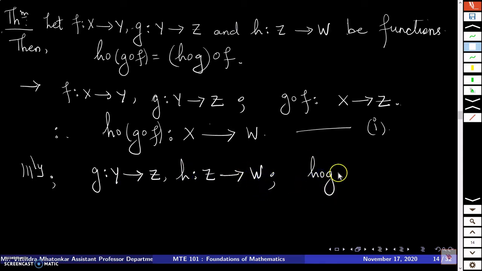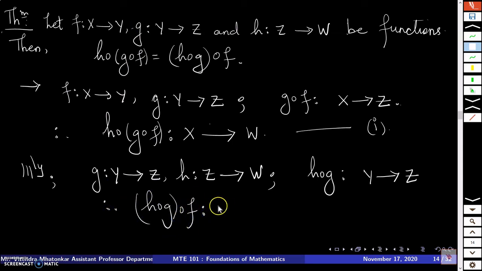So h composite g will be a map from Y to W. Sorry, I again made the same error, so that's from Y to W, right? And f is again a map from X to Y, and therefore h composite g, now composite f, will be a map from X to W. Okay, so therefore their domains and codomains are the same.